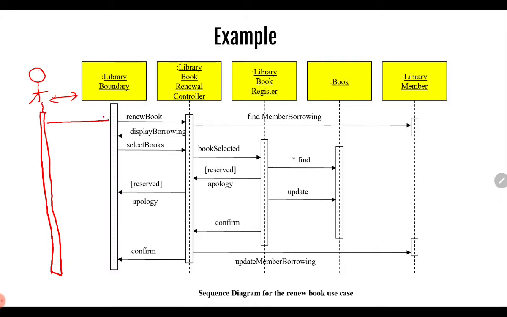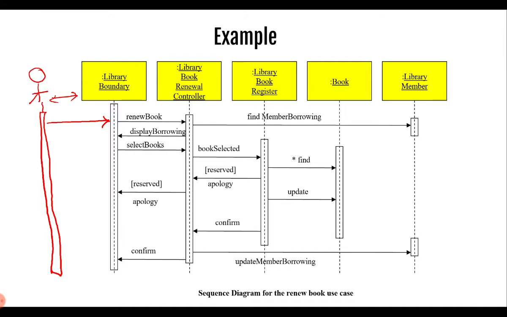Whenever an actor is going to use this sequence diagram, we first have to identify what type of use case we are going to represent. As mentioned in the previous slides, we can represent a sequence diagram for only one particular use case at one time. Multiple use cases cannot be represented in the same sequence diagram, otherwise it will become very chaotic and ambiguous to understand what is followed by what.